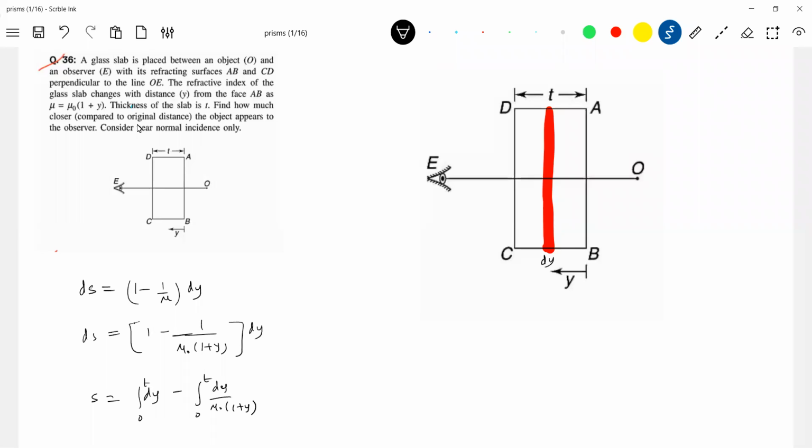You may get a problem where the refractive index of the slab will be variable, so you need not bother about anything. Integrating this, we'll get the expression for shift as t minus 1 by mu naught log of 1 plus y, from 0 to t.